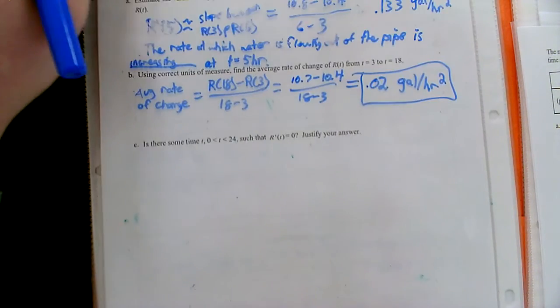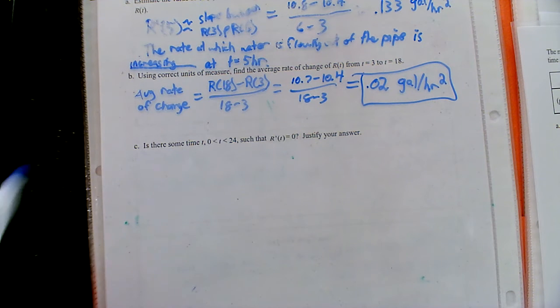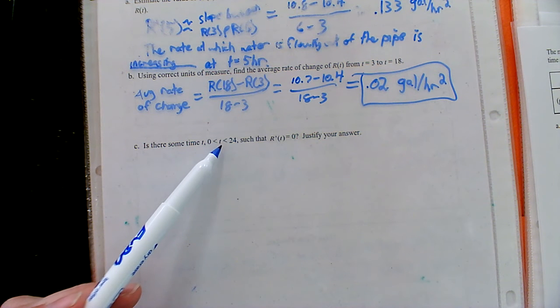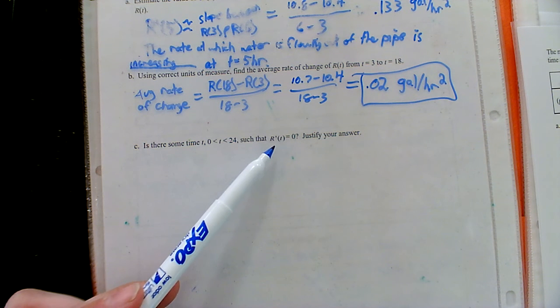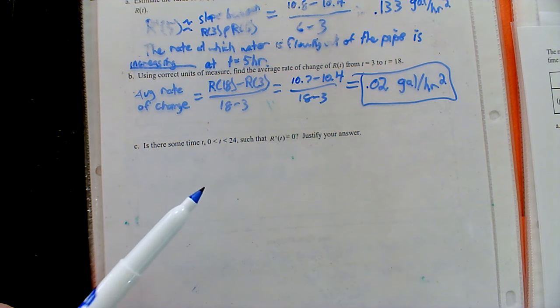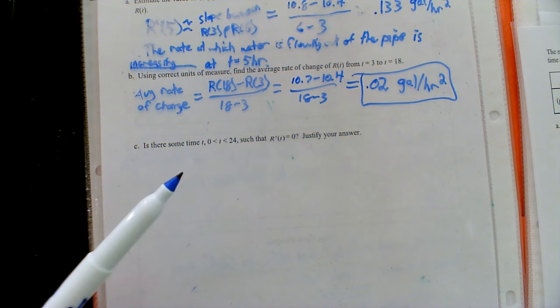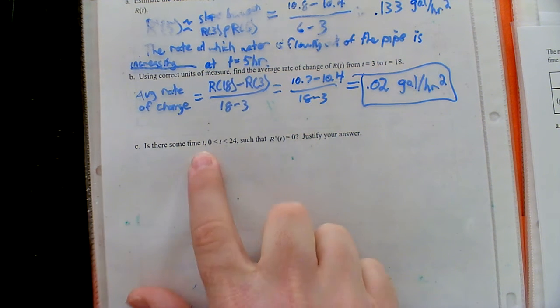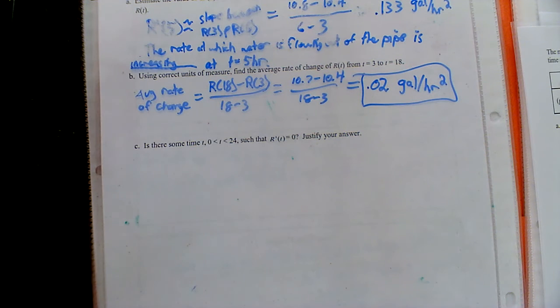All right, let's look at part C. Is there some time t from 0 to 24, so is there some time t in between there, such that the derivative, r prime of t, is equal to 0? Justify your answer. So there may not be any mathematical work. There could be. But think about what they're asking, think about the stipulations, think about what you know from up above, and think about your definitions, and try to determine an answer from there.